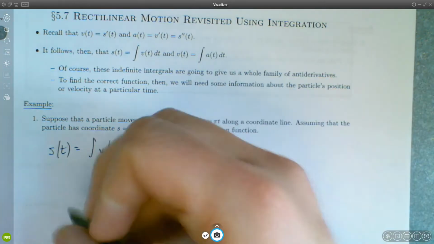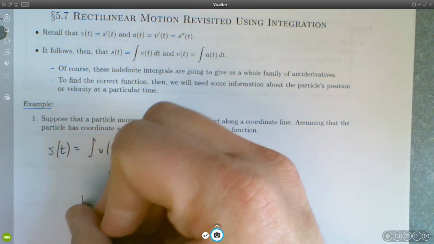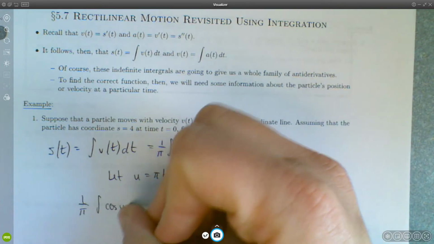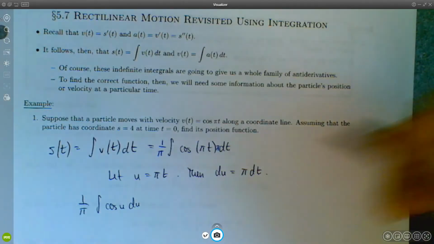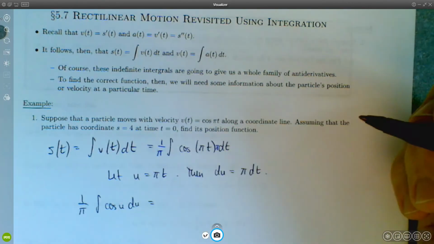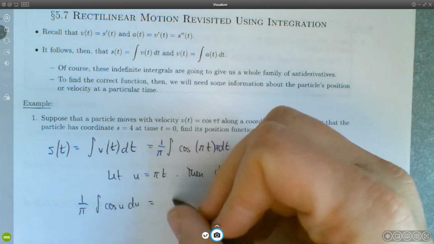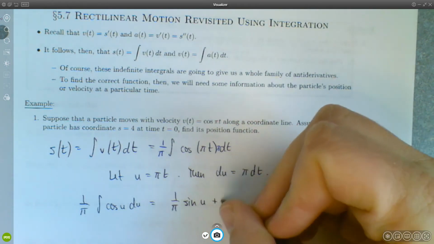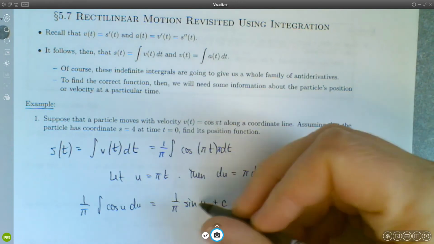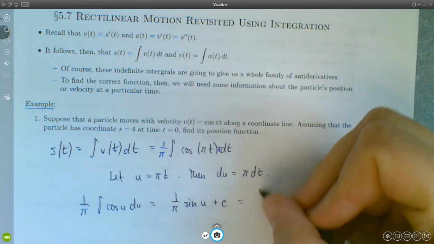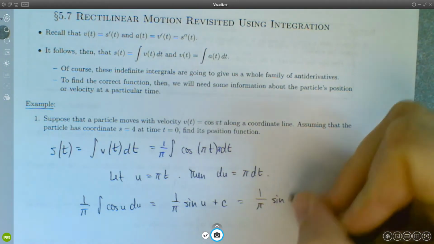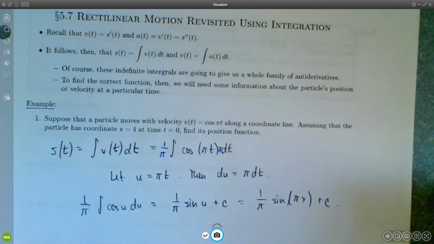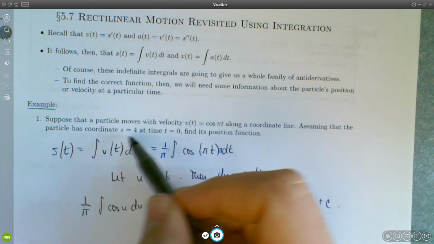So I'm going to have 1 over pi times the integral of cosine u du. And the antiderivative for cosine would be sine, right? So this is 1 over pi times sine of u plus c. Or if we want to get in terms of t, then we would say it's 1 over pi sine of pi t plus c.